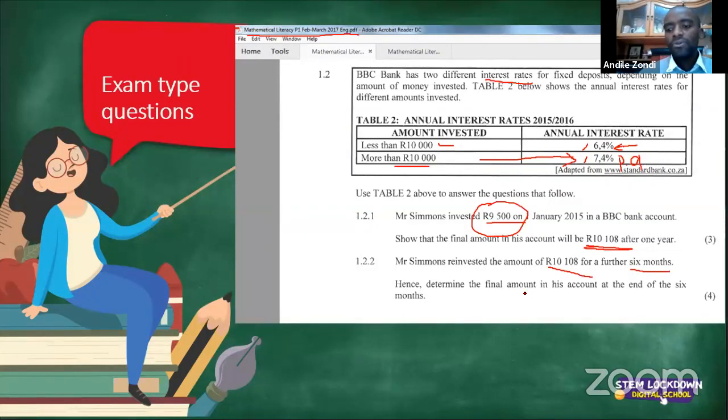So I want to know how much money he will have, his total amount after 6 months, right? I'm using half of this interest, because for the whole year would have given him 7.4%, but he only invested his amount for 6 months, which is half a year. Thus, I need to divide the interest like this.